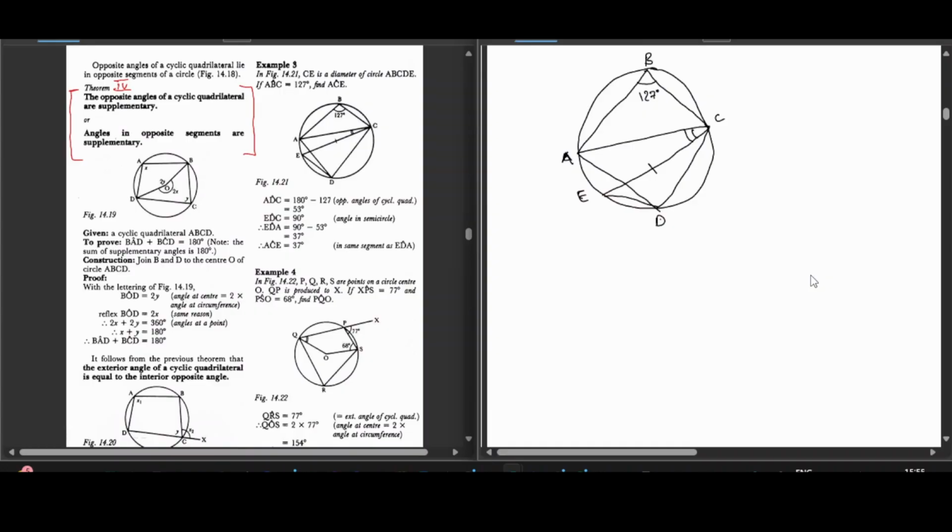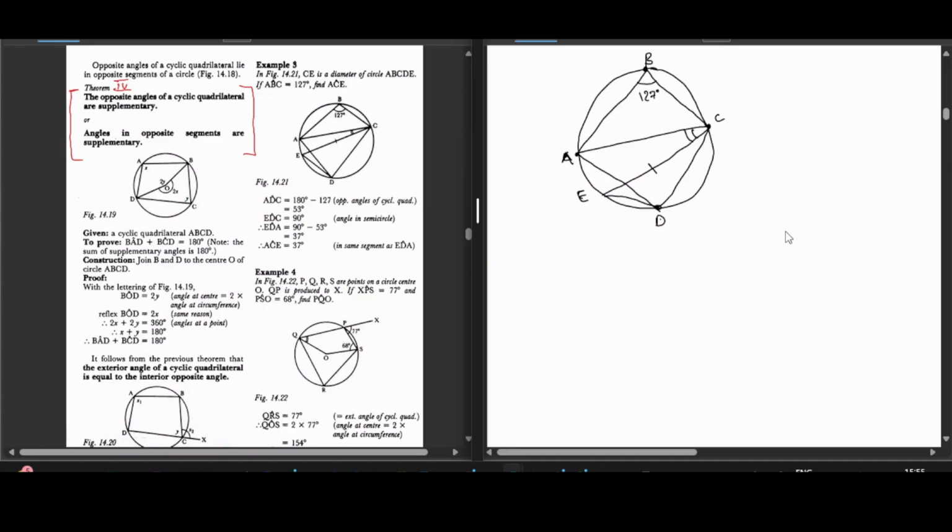First, look carefully. If you look at A, B, C, D, can you see that B is on the circumference, A is on the circumference, D is on the circumference, and C is on the circumference. Then if we follow A, B, C, D we see that it is a shape. Because of that, we have a cyclic quadrilateral.